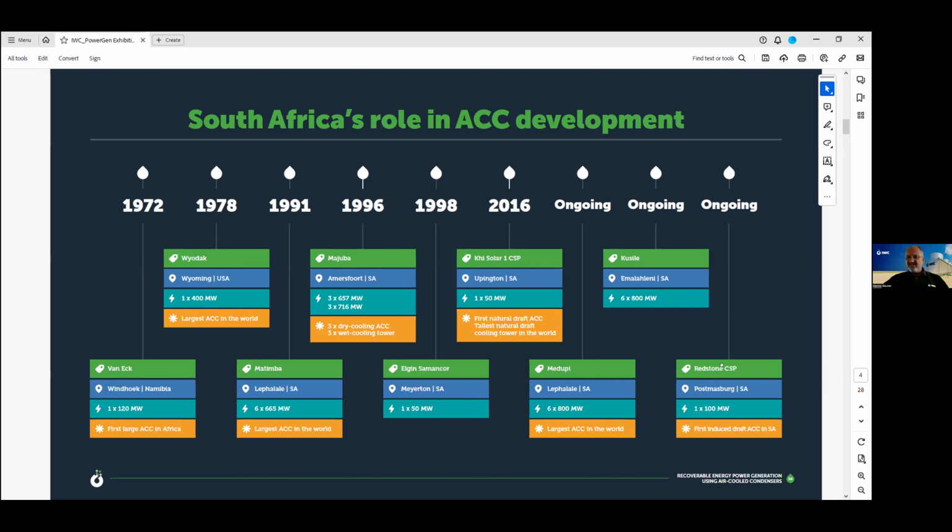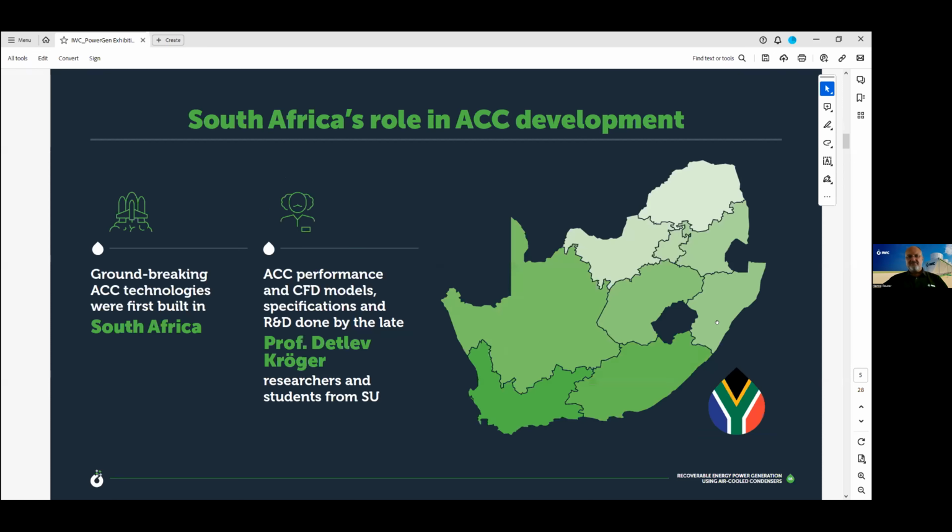And then an interesting plant which I visited 2 weeks ago is the Redstone CSP. It's under construction, close to Postmasburg. It's a central receiver plant, and it has 12 hours of thermal storage at full load. What makes this plant interesting is that it's the first induced draft air-cooled condenser in South Africa. So this is a different type of technology that's also now available in South Africa.